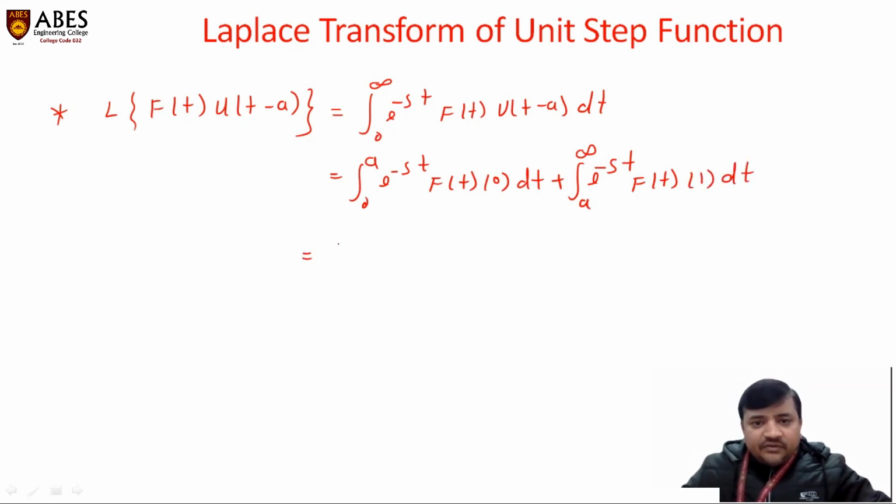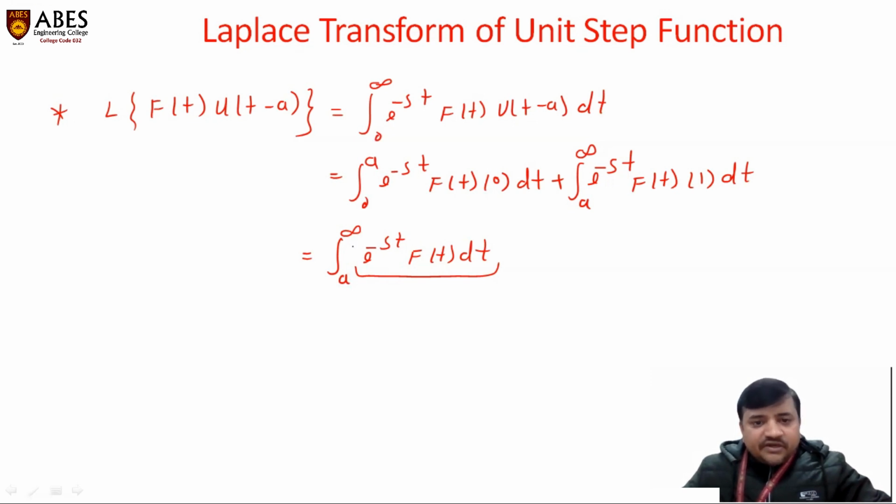So we are left with only a to infinity e to the power minus st f t dt. The expression is just the same as the Laplace transform of f t, but the only problem is about the limits. The limit is given from a to infinity, whereas in the basic definition of Laplace transform, the limit was 0 to infinity.